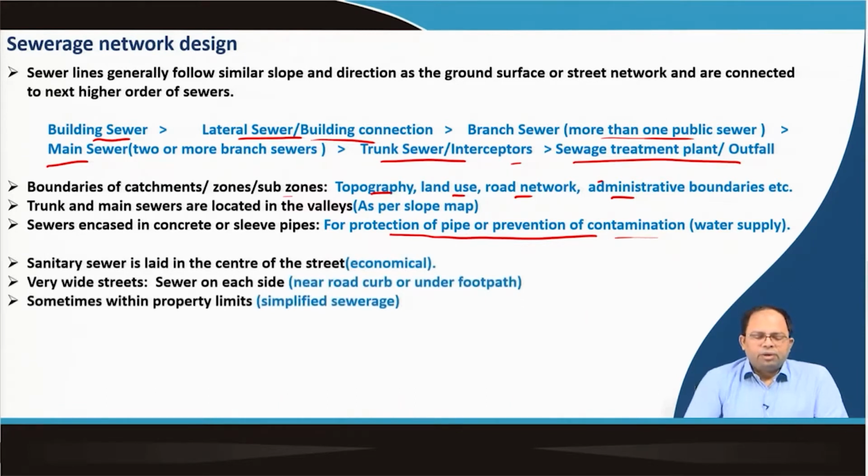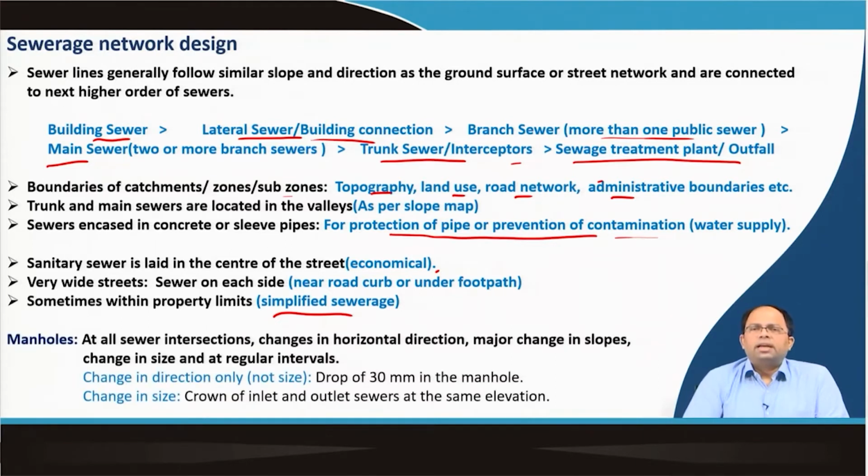Sanitary sewer is mostly laid at the center of the street, which is economical, but sometimes we can lay it on both sides of the street in case the streets are wide enough, and in that case usually we lay it under the footpath, and sometimes it could be within property limits, as we discussed in simplified sewerage networks in decentralized systems, but it's rare. It's not always done, and particularly for conventional sewerage systems we never do it.